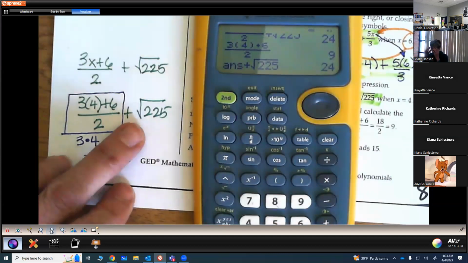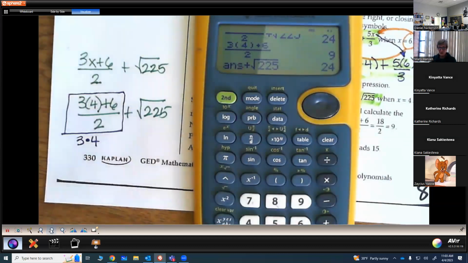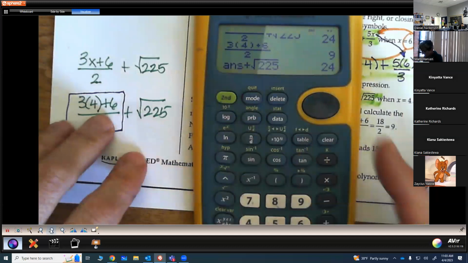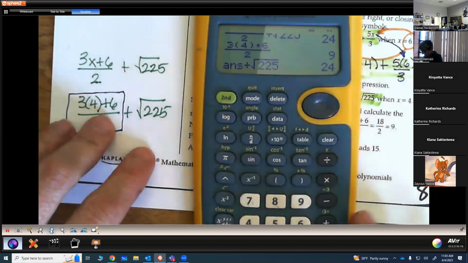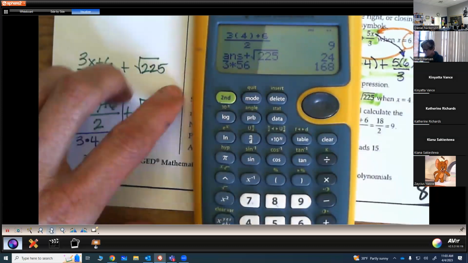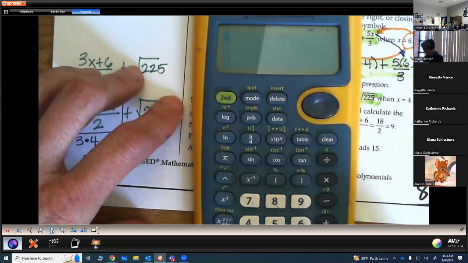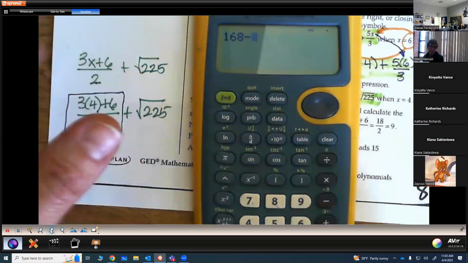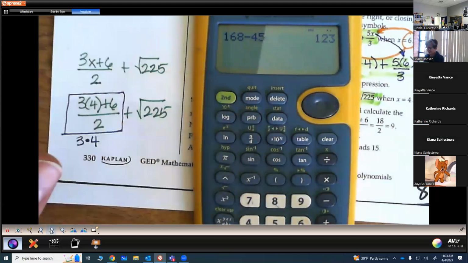And I've seen a lot of students work with calculators, and this is what a lot of you tend to do. You tend to calculate something, 3 times 56, and you get an answer of 168, and then you clear the calculator and you do 168 minus 45. Hey, don't do that.